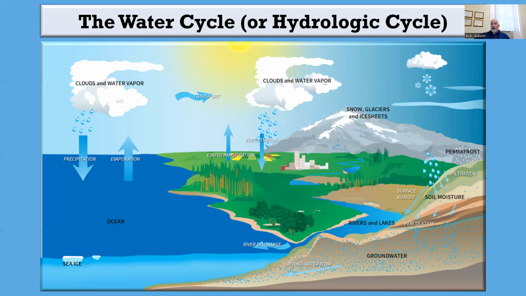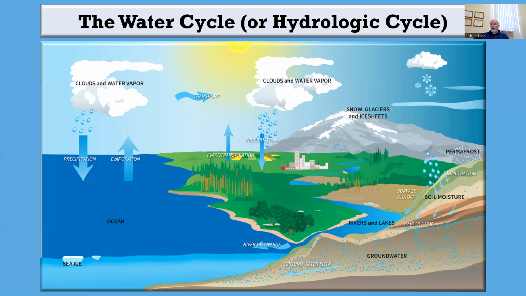And then that water is going through a process on the ground, whether it's going to be in rivers and streams or ponds or lakes or percolating down through the soil to groundwater.